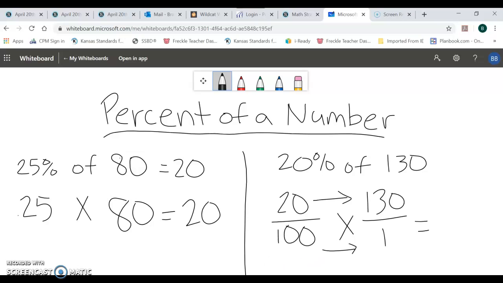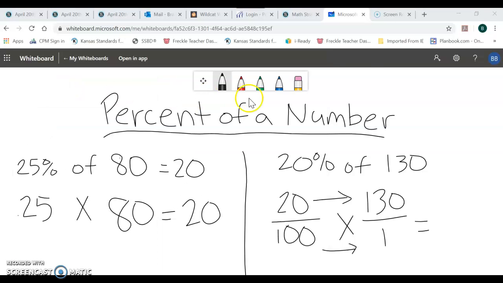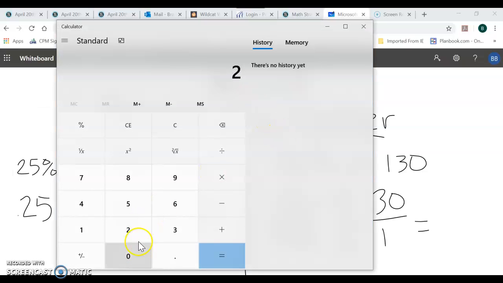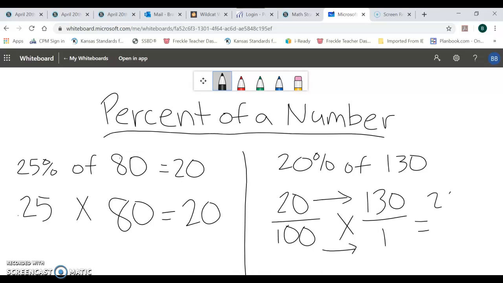And go ahead and pop up your calculator. 20 times 130. That's 2,600. And then across the bottom, you have 100 times 1. That's 100. And then you don't quite have your final answer yet.